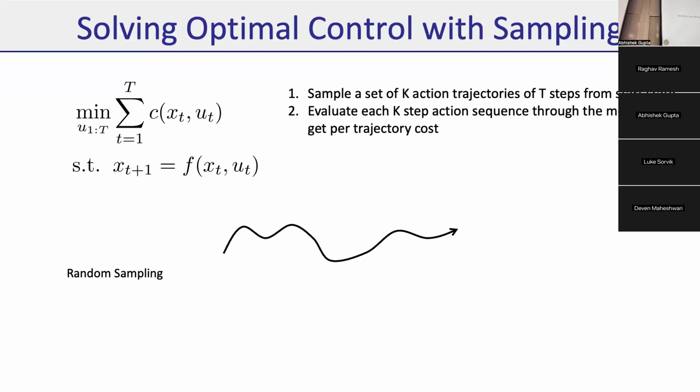But basically what random shooting is doing is you're going to start from some state x0. You're going to sample a bunch of random actions. You're going to roll those random actions forward through your model F. You don't need the model to be linear or anything. You just need to be able to go forward through your model. And you're going to evaluate all the states that you got to while running those actions by measuring what their costs were, right?